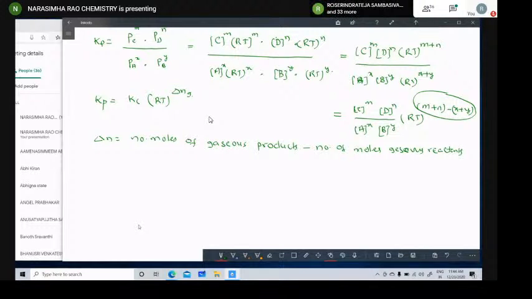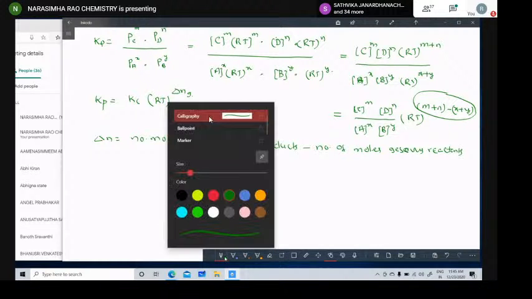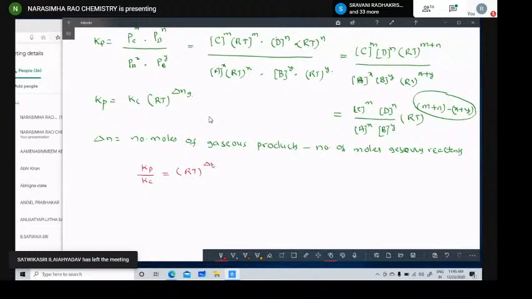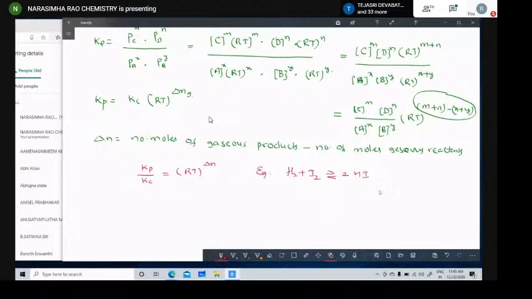It's clear now, children? Yes, sir. I am changing this equation like this, so Kp by Kc is equal to RT whole power delta n. For the example, H2 plus I2 is in equilibrium with 2HI.